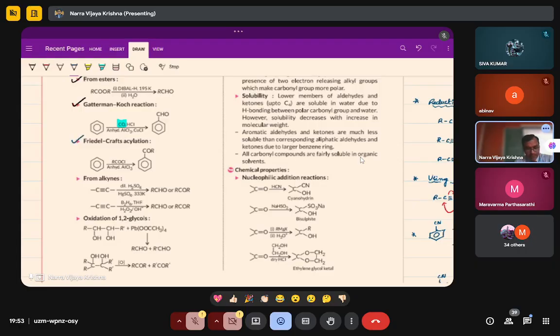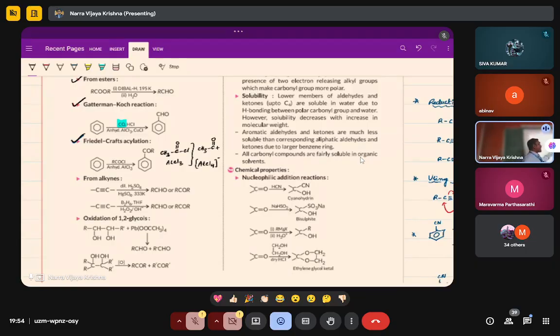Now observe Friedel-Crafts acylation. Almost the same. Here we take acid halide CH3COCl in presence of AlCl3. These two will combine to form AlCl4 minus, and this will convert into CH3CO plus.